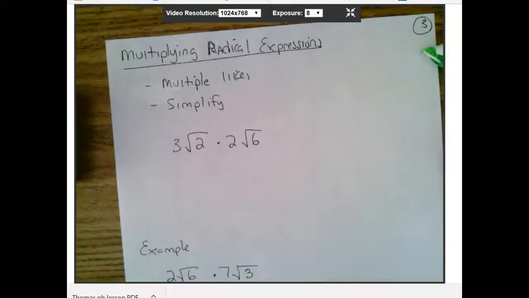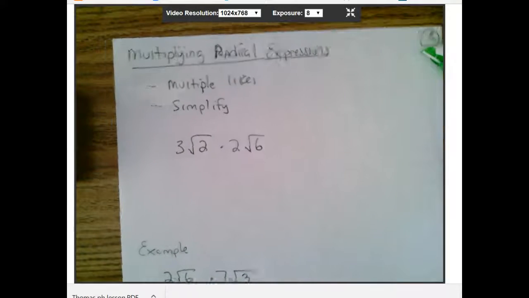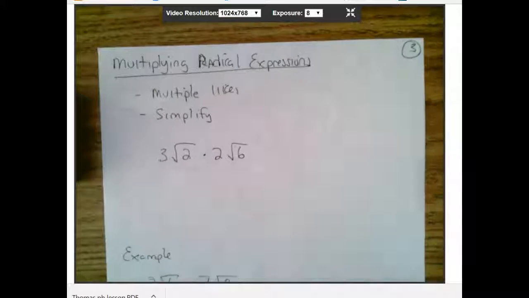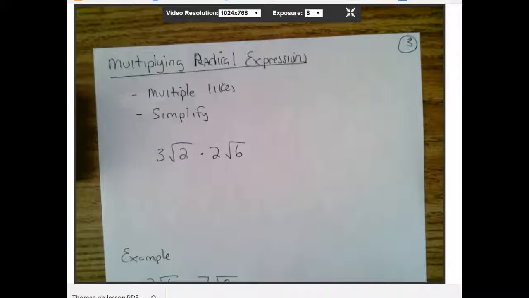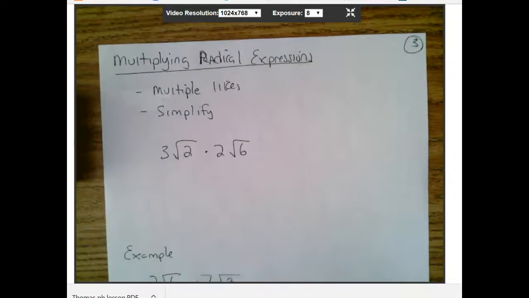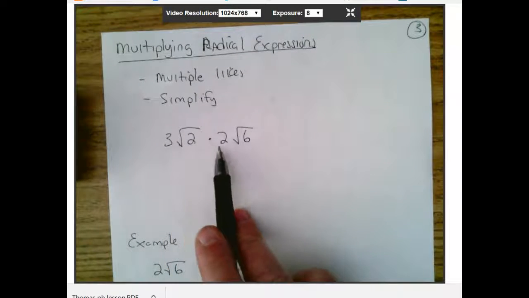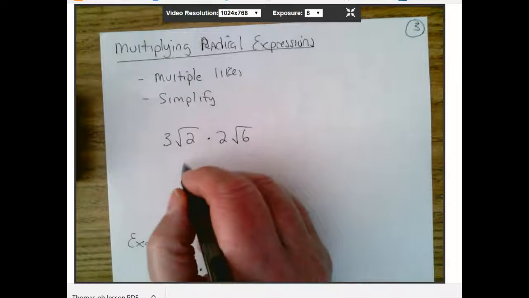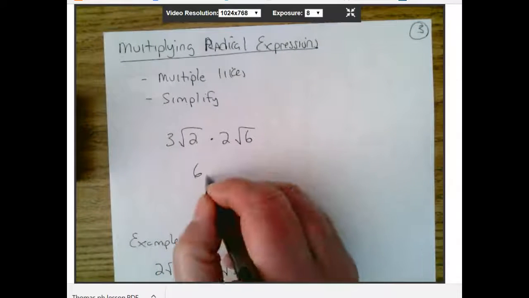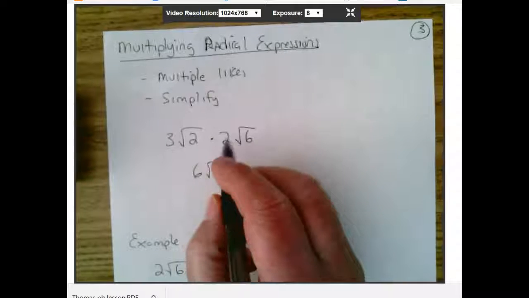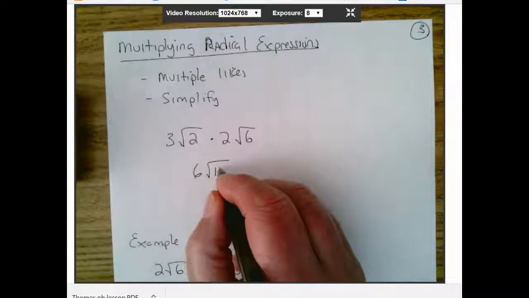So that's unlike radicals. Let's look at one more thing, and we'll be done. So here is multiplying radical expressions. So what you do is you multiply likes, and then you simplify. So here we have 3 times the square root of 2 times 2 square root of 6. So here we're going to have 3 times 2 is 6 times the square root of 12.